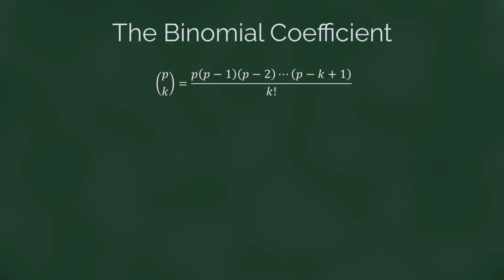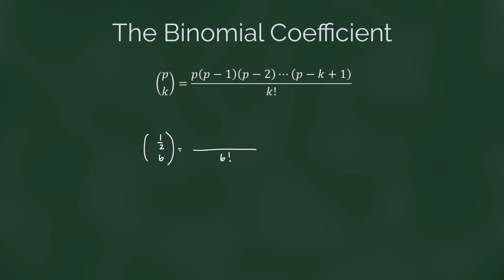Let's try it now for an example where p is not an integer, because this, we're going to see, is going to be the more interesting case for us when we're establishing binomial series. So let's look at 1/2 choose 6. We know that our denominator is going to be 6 factorial.